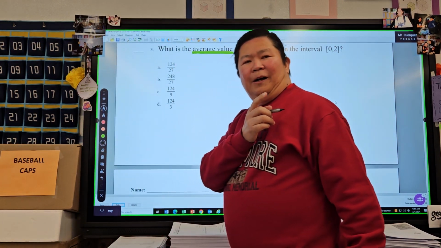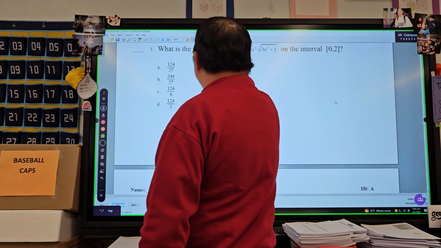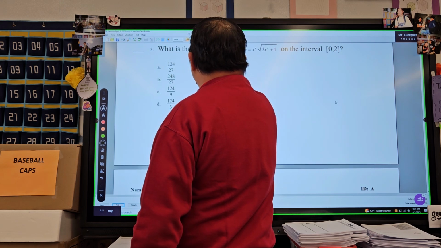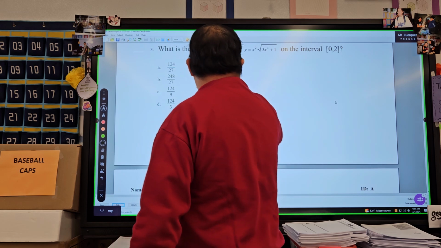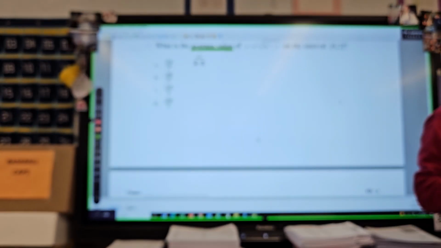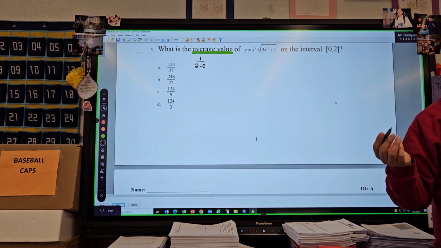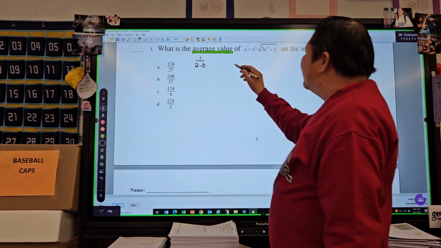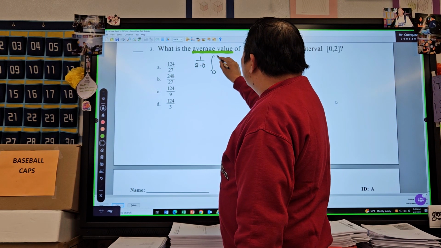Chris said it's gonna be 1 over 2 minus 0, because the interval is from 0 to 2. So b minus a. Our b is 2 and our a is 0. And then the integral, and the limit is from 0 to 2.